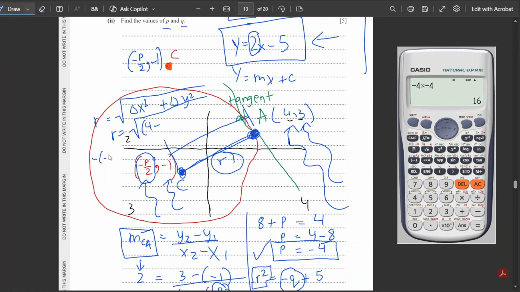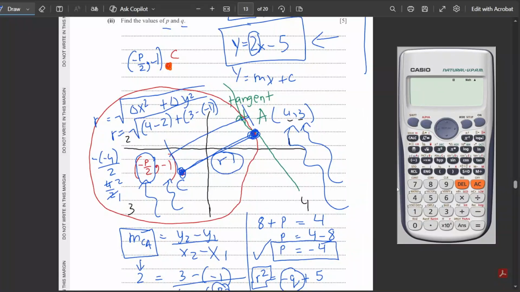What is p? p is negative 4. So negative times negative is positive 4 over 2, which is 2. So I'm going to have 2 over here as the x coordinate of C. And then for y, I'm going to have the y coordinate of A minus the y coordinate of C. The y coordinate of C is negative 1. Okay, so this is what I have over here. Therefore, I can solve this in my calculator.